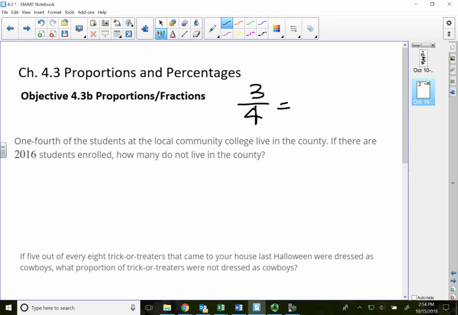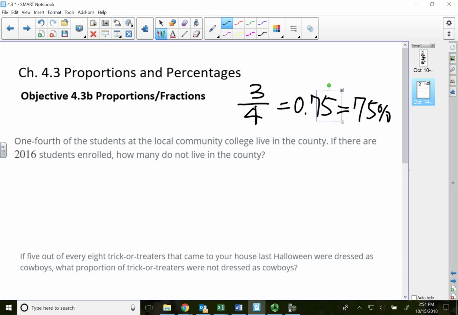The first thing we do is divide the fraction, and once we make it into a decimal, we can multiply by 100 and make it a percent. So 3/4 is 0.75, which is 75%. Basically, using fractions is just another way to express percent without writing the percent notation.